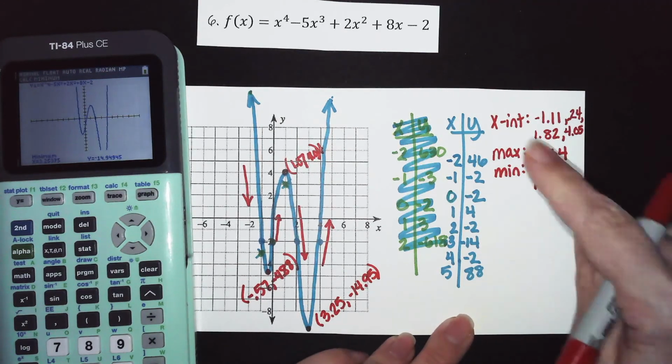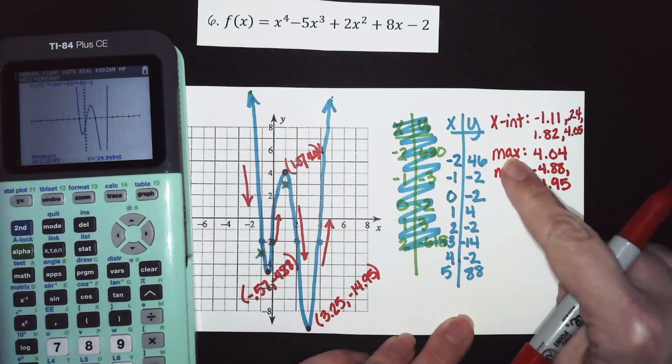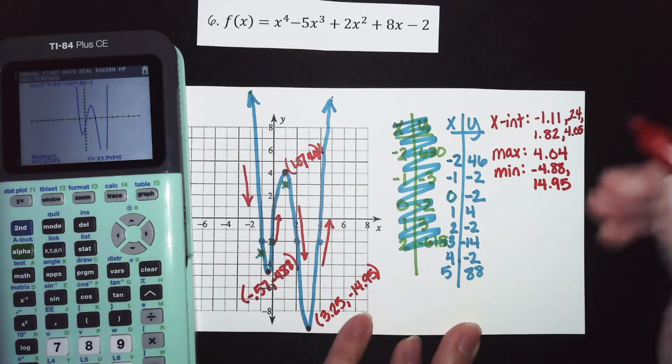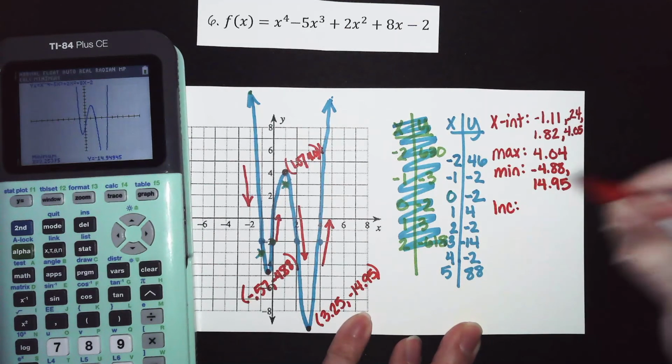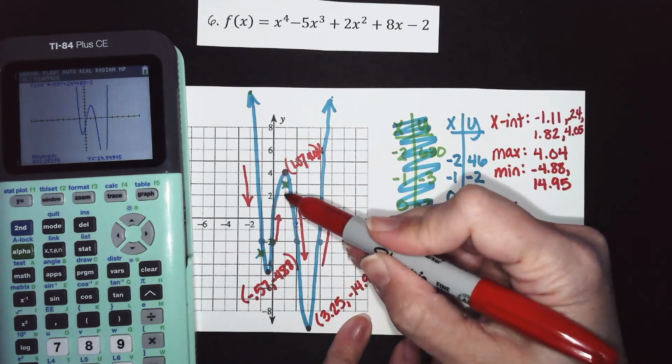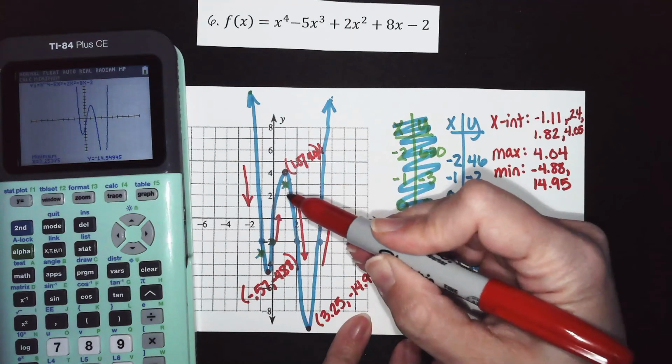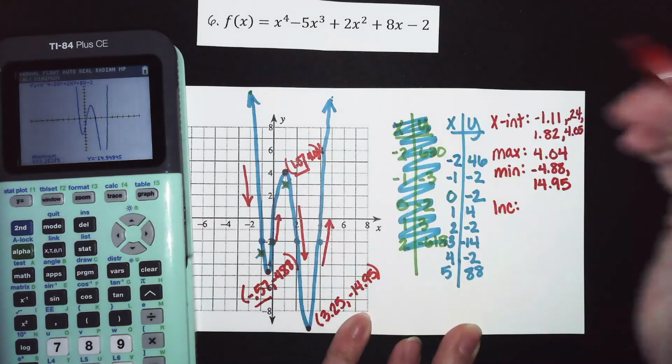All right, so I found the x-intercepts. I found the local max and min. Now I need the intervals for which it is increasing and decreasing. So increasing is wherever I had arrows going up. And if you look, this arrow going up is between 2 points. And we just want these x values.